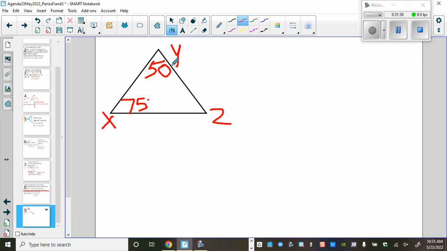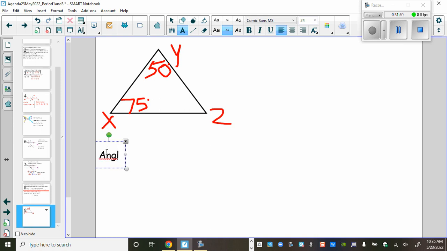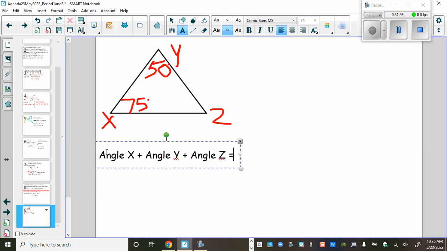I'll give you two of the three angles. Now, what do we know about the sum of the three angles? Angle X plus angle Y plus angle Z must add up to how many degrees? 180. That's what you need to know.